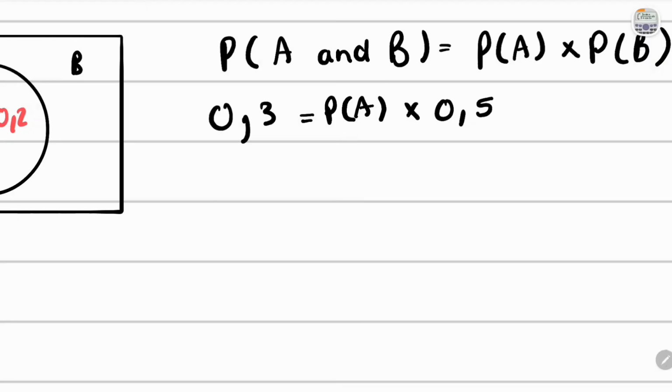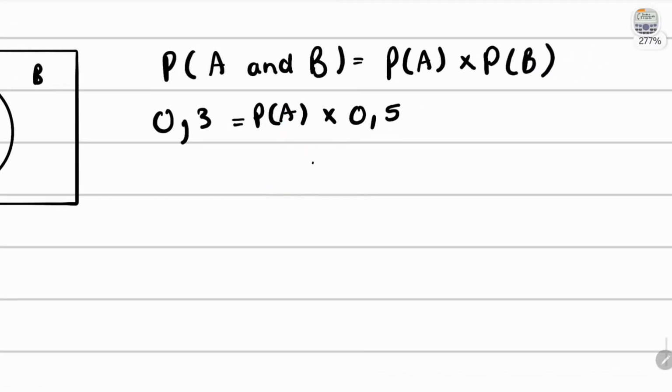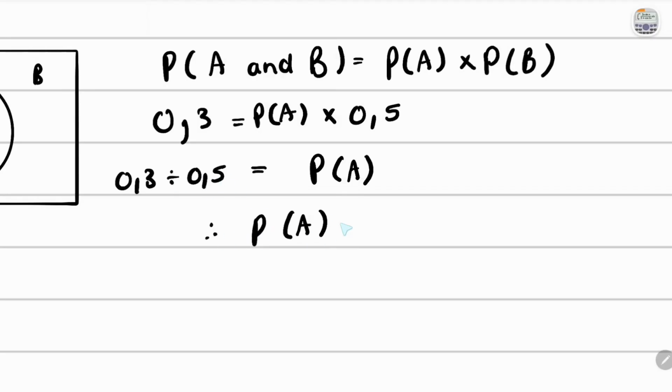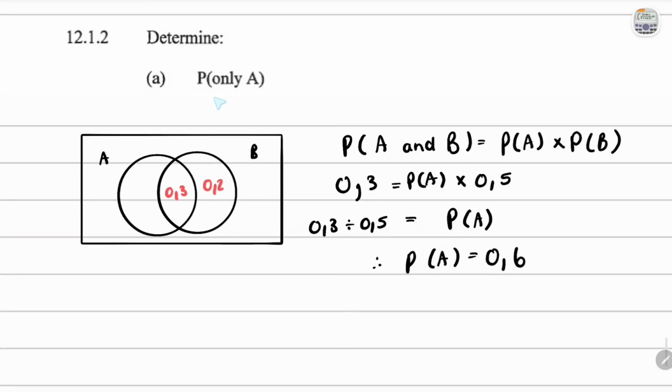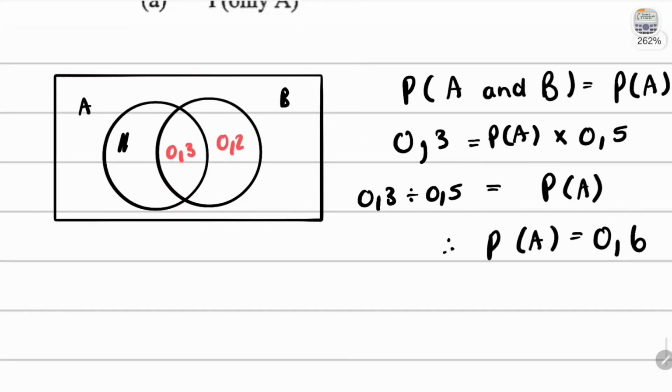So that's 0.5. And now you see that to make probability of A the subject, you just have to divide both hand sides by 0.5 so that it's gone. And so that's just 0.3 divided by 0.5. And so the probability of A is equal to 0.3 divided by a half, which is going to be 0.6 because it's going to make a double. So that is 0.6. That's what we have as the probability of A. But this is not the probability of only A. The probability of only A would be this part over here.